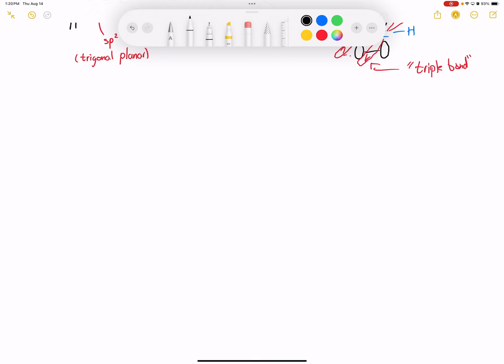All right, so let's go over now polar bonds. For covalent bonds, it's either polar covalent or non-polar covalent. What does polar mean? If we say something's polar, what does that mean in terms of a molecule? Yeah, good.